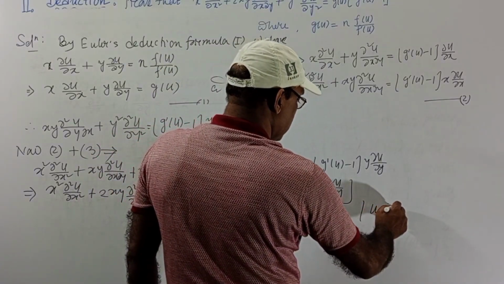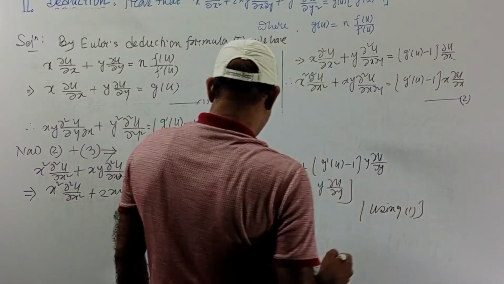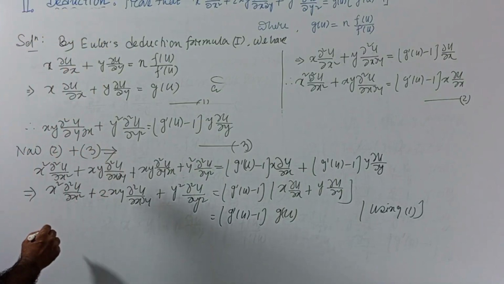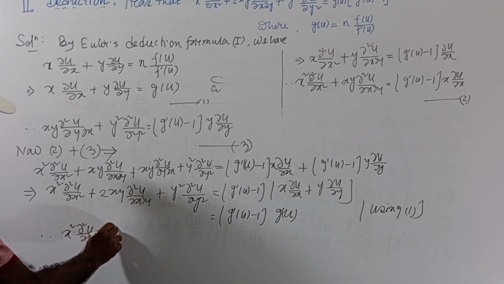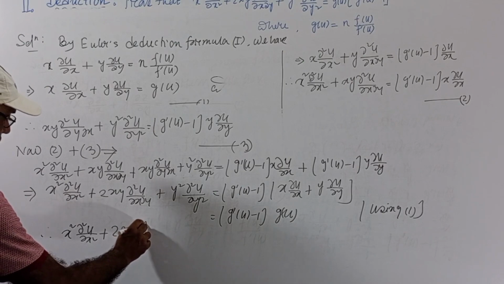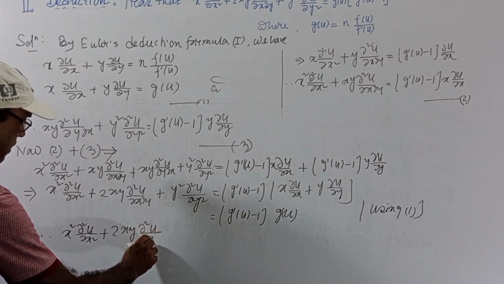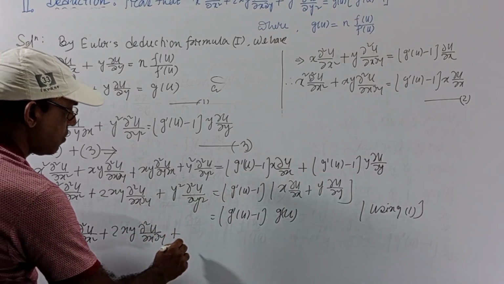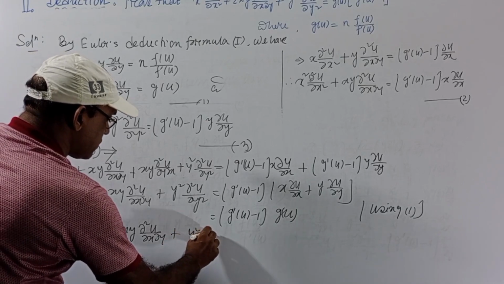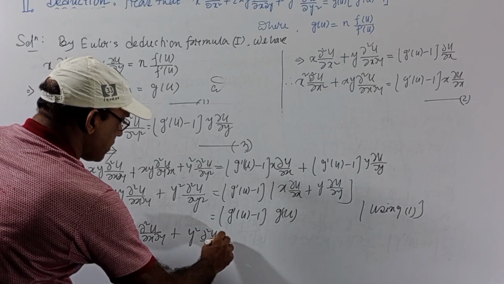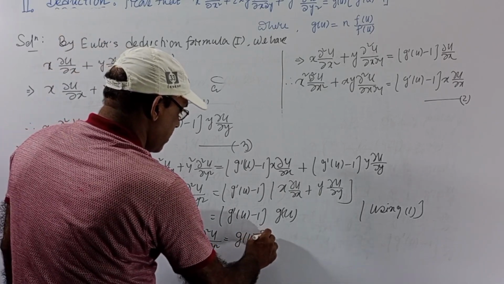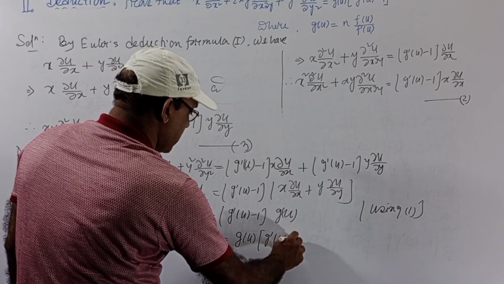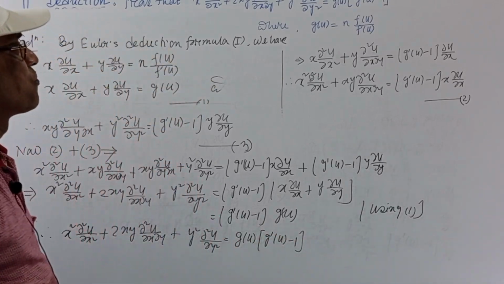So using 1, finally we get x square del square u by del x square, 2xy del square u by del x del y, y square del square u by del y square equal to g of u into g dash u minus 1, and this is the proof.